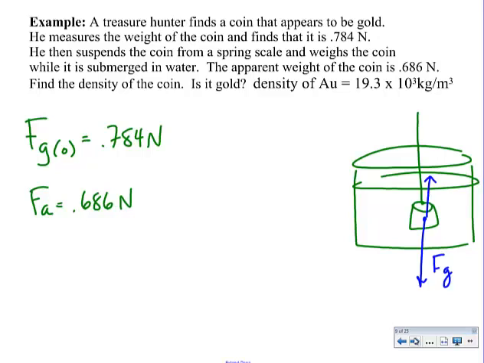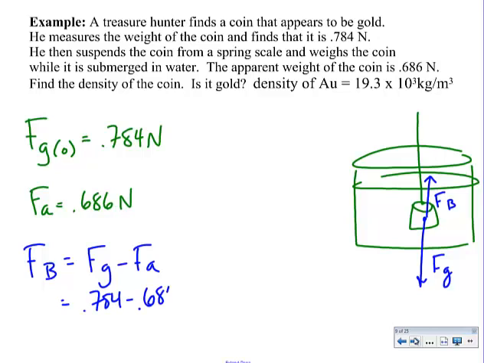So the question is, what is the buoyant force? Well, the buoyant force is the difference between the force of gravity and the apparent weight. So there's our buoyant force.